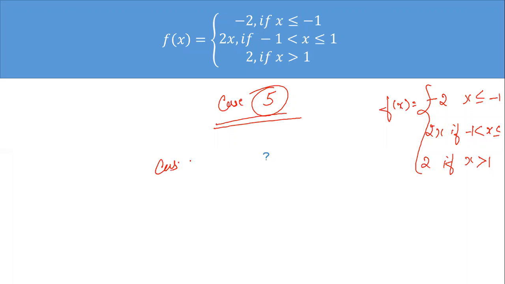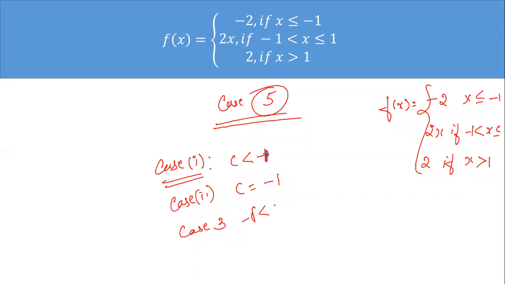What is case 1? Case 1 is c less than minus 1. What is case 2? C is equal to minus 1. Yes, good. What is case 3? In between minus 1 and 1.